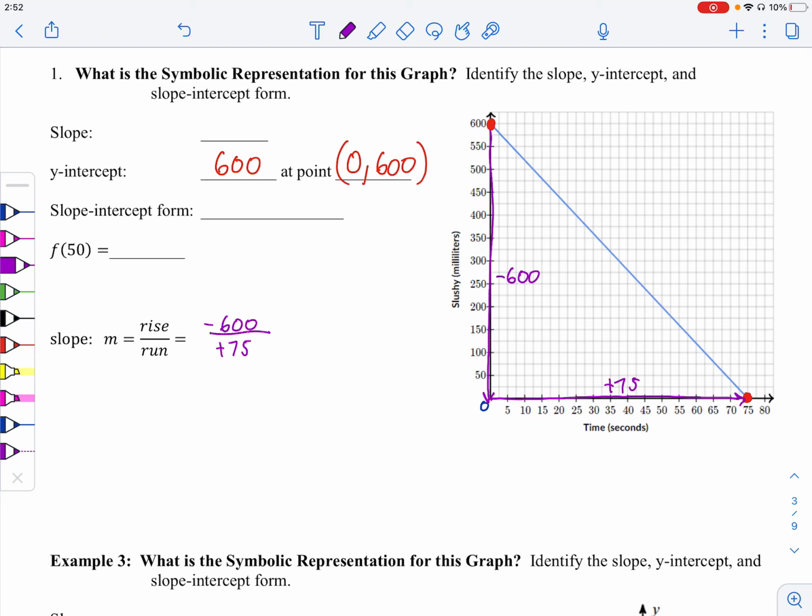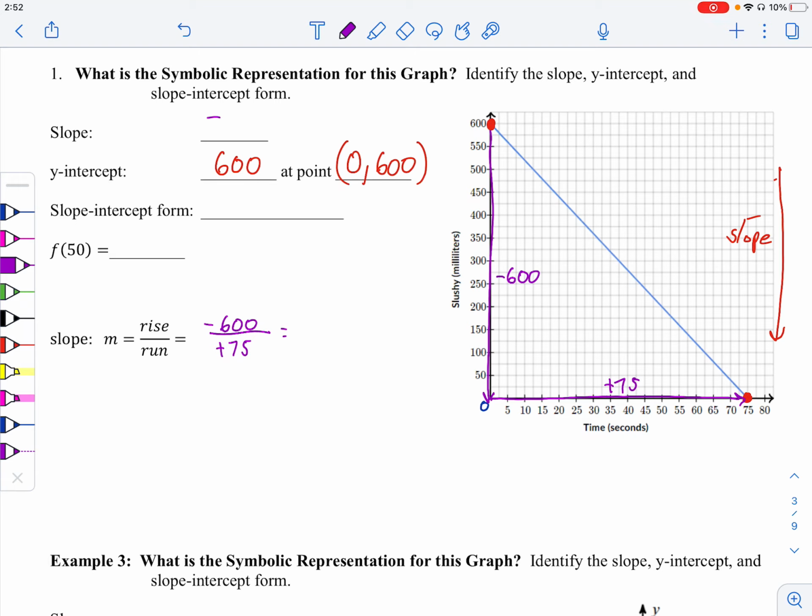So we got 600 over 75, and it's negative, and we know it's negative because our line is going down to the right. So this is a negative slope. It's going to be negative something: negative 600 over 75.